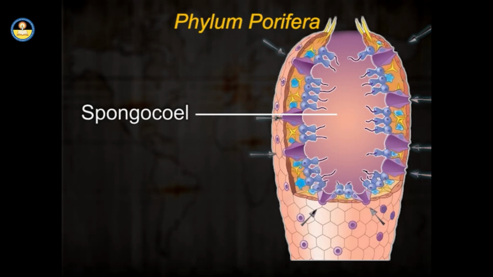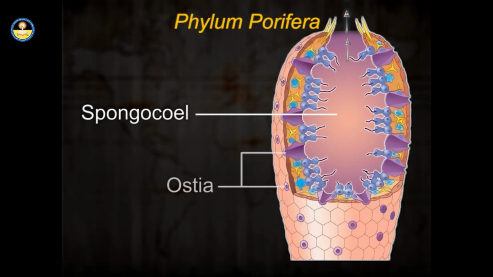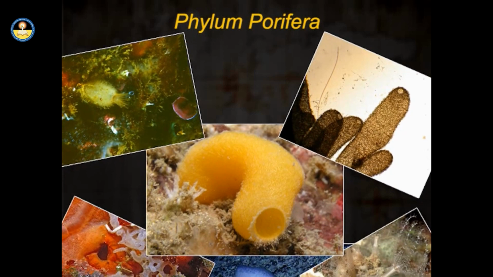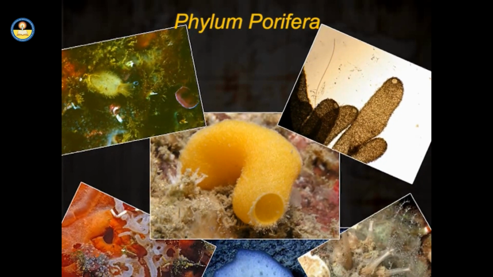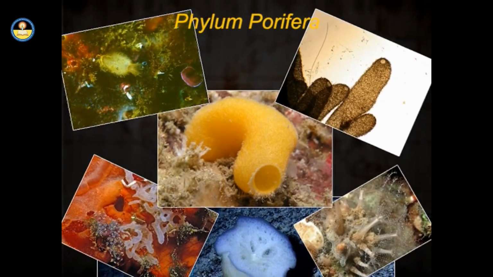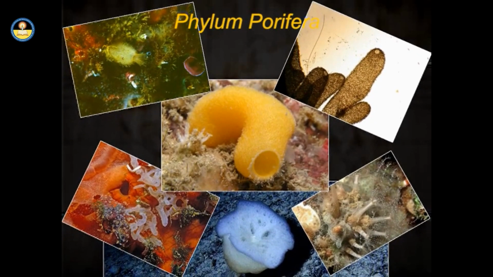Water enters its cavity, spongocoel, through numerous openings called ostia and escapes out through the larger opening known as osculum. They grow attached to a solid support and do not have any muscle cells, so their movement is rather limited.